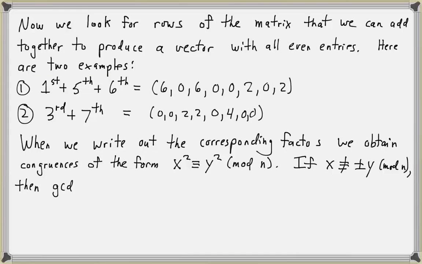The GCD of x minus y and n is a non-trivial factor of n. So let's write out the corresponding factors of these two examples.